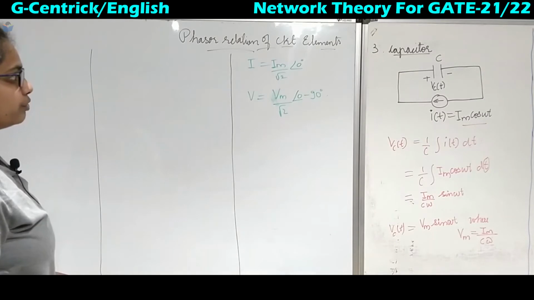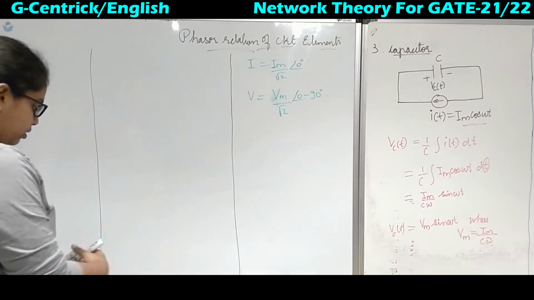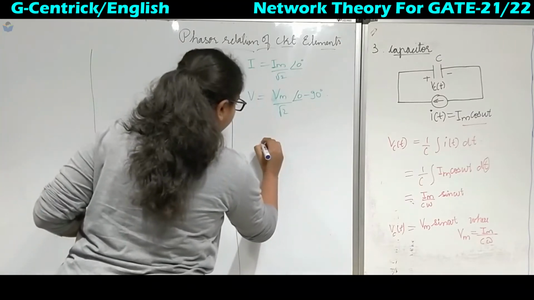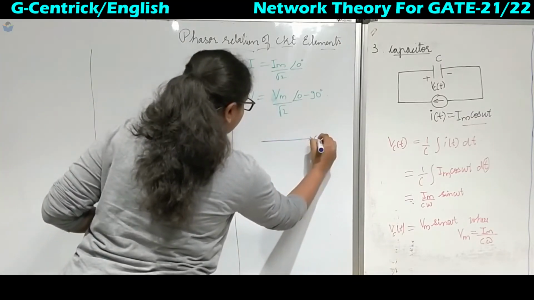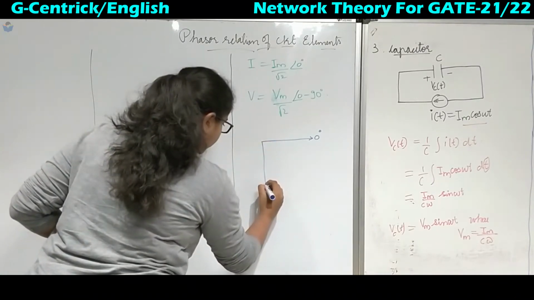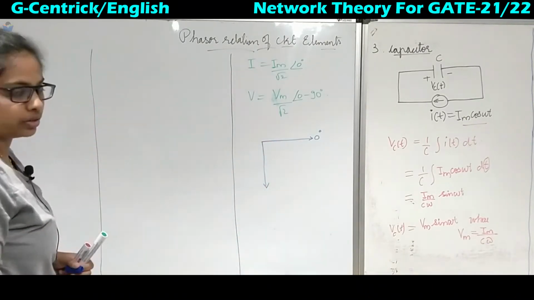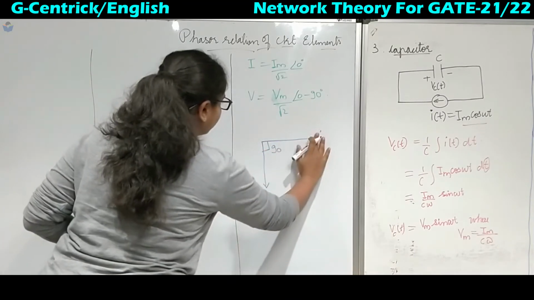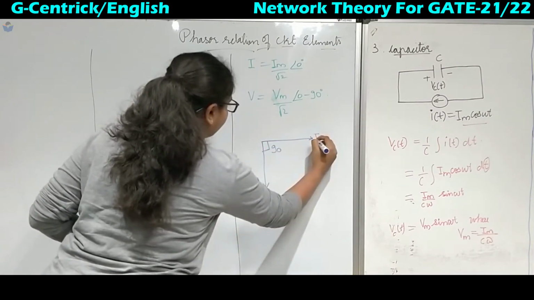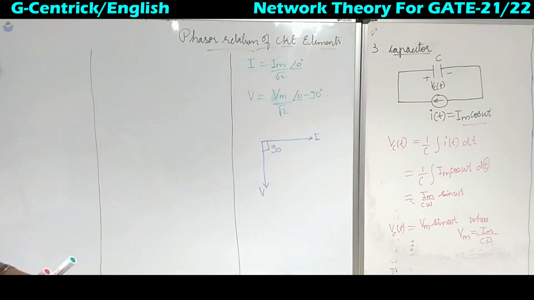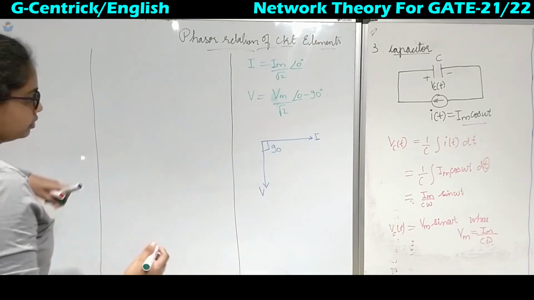Now we will draw the phasor for this one. This is 0 degree, so we will take I as the reference. Now this is in minus, so minus means it is clockwise direction. So this is 90 degree. This 0 degree is reference with current I, and this is voltage. So what is the sentence that we can write?